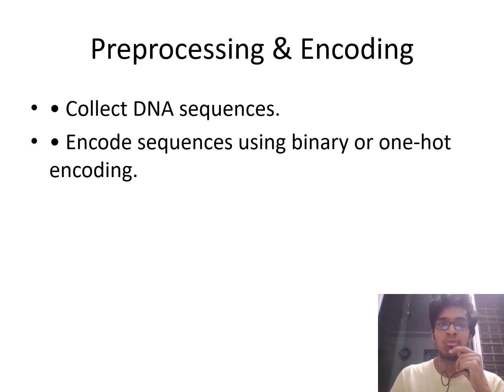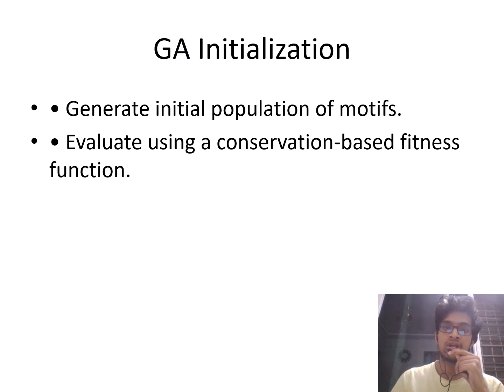Now for the methods we are using, first is pre-processing and encoding. We collect the DNA sequences and encode them using binary or one-hot encoding. Next, we initialize with the GA method.